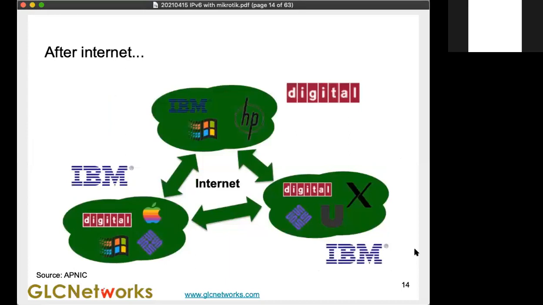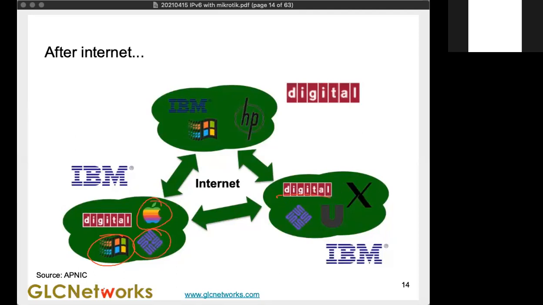After the internet, people are able to talk to each other. For those who are old enough, some of you might understand these logos. This is Windows, actually Windows 3.1. That was my first Windows operating system. This is Sun Microsystems. This is Apple. The Apple logo looked like that.